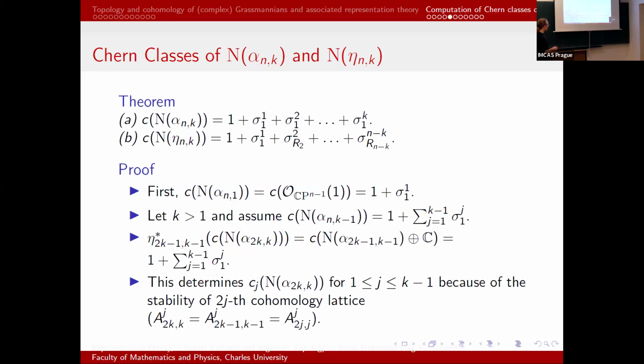and this determines the Chern classes of n alpha_{2k,k} for all j less than k. This is due to the fact that the cohomology lattice, by the previous lemma about the cohomology lattice, stabilizes at a_{jj} and to the right and below from it. And so we know that for j less or equal to k minus 1, the cohomology lattice, when we do this pullback, is stable.